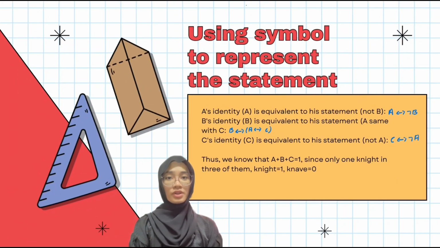Okay, next, we write each statement using logical symbols. A's identity must match the statement B is a knave.